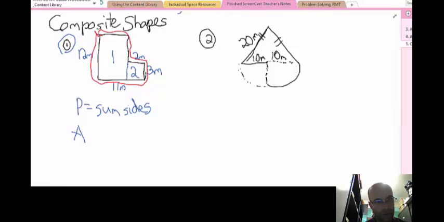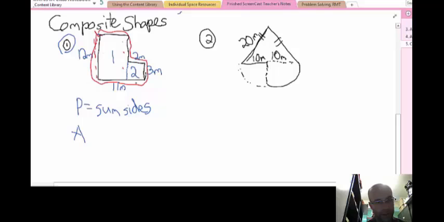So the sum of the sides, we can see we've got 12 plus 11 plus 3 plus 2 plus, going up here we're not sure what that is yet, and along here we don't know what that is, but we can work it out quite easily. This side here should equal the distance up that side there.